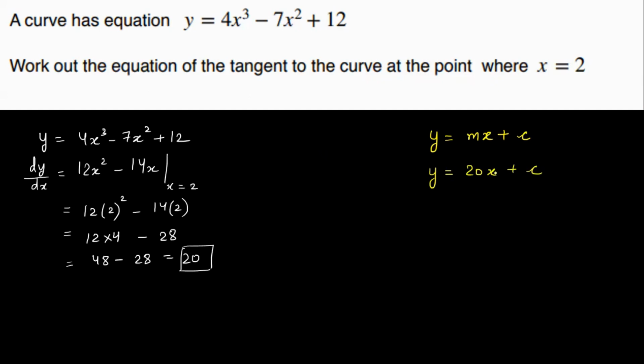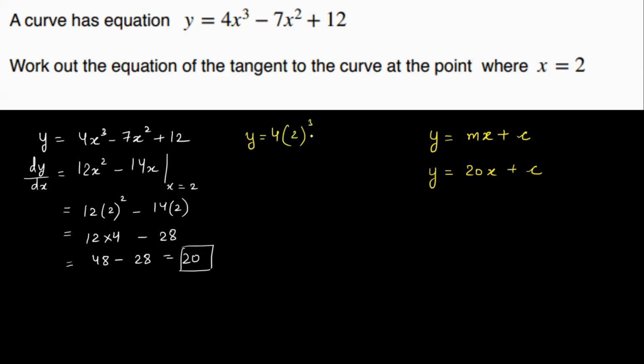Now we have the value of x, but we don't know the value of y. Since x equals 2 lies on the curve, if you put x in the original equation, you'll get the value of y. So to find the value of y, you have to put x as 2.